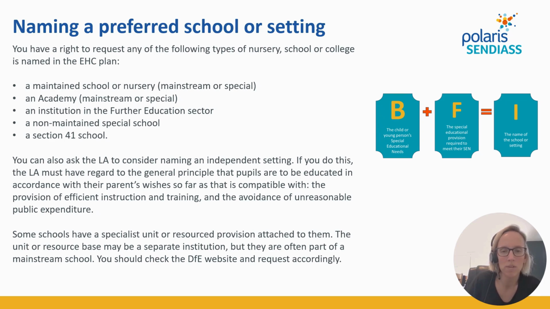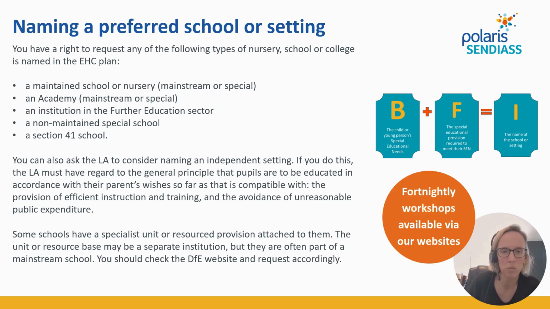You can also ask the LA to consider naming an independent setting. If you do this, the LA must have regard to the general principle that pupils are to be educated in accordance with their parents' wishes, so far as that is compatible with the provision of efficient instruction and training and the avoidance of unreasonable public expenditure.